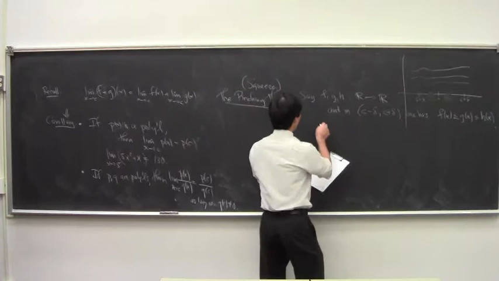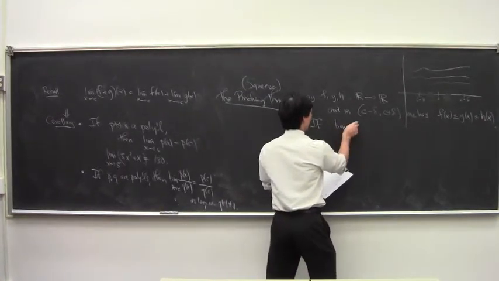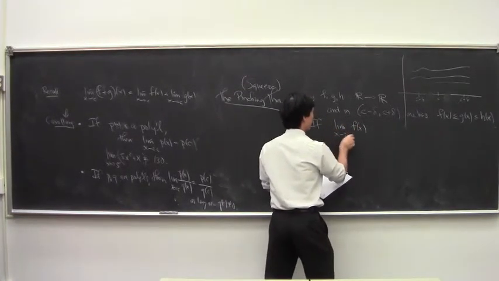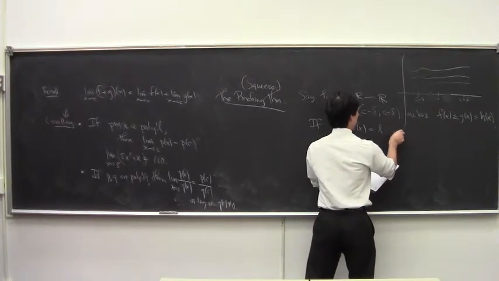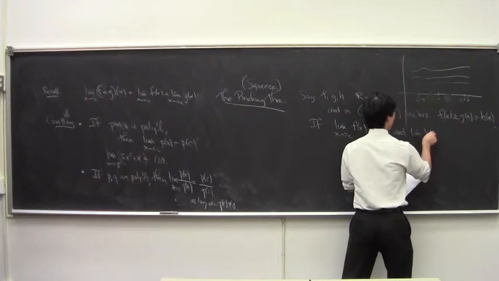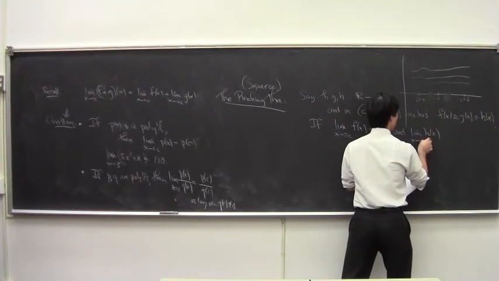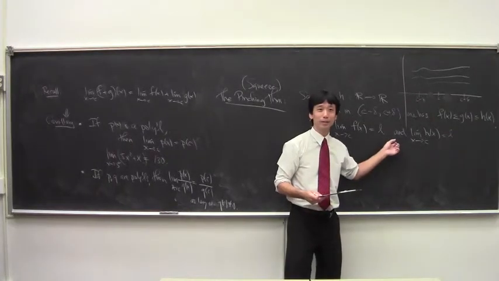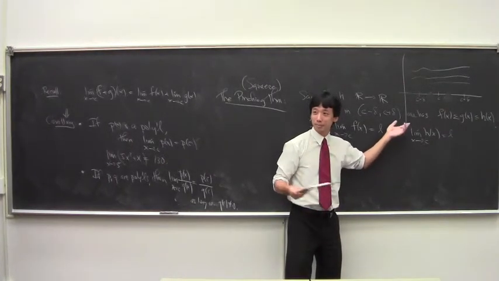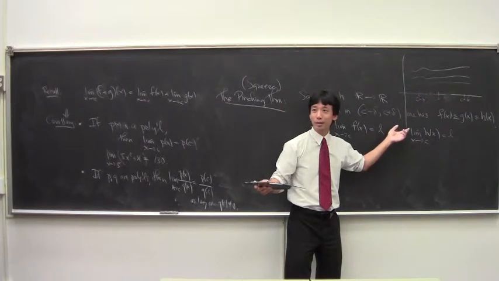If the lower guy tends to some number and the upper guy tends to that same number, then what? Ellie? The middle function is going to tend to the same number. Great.